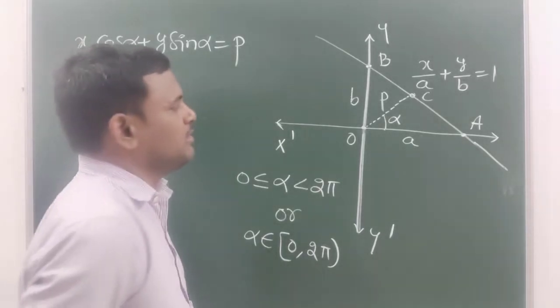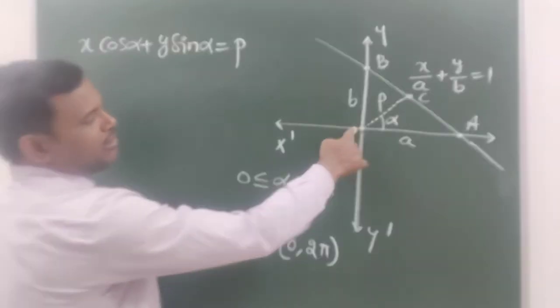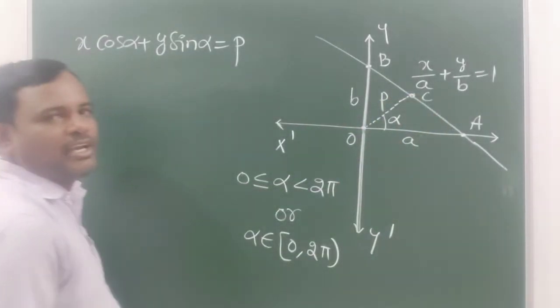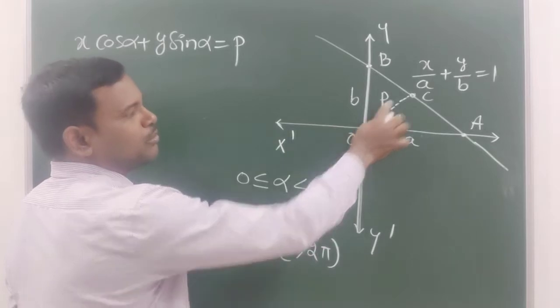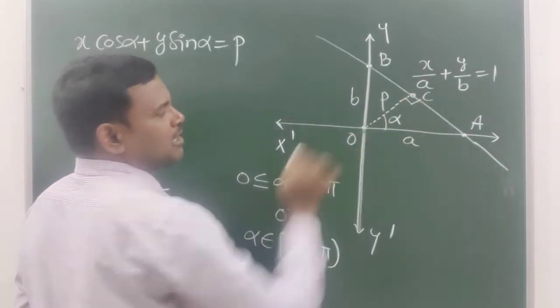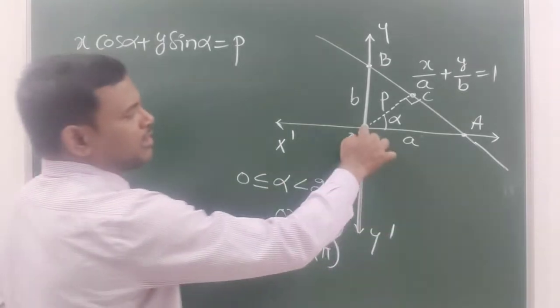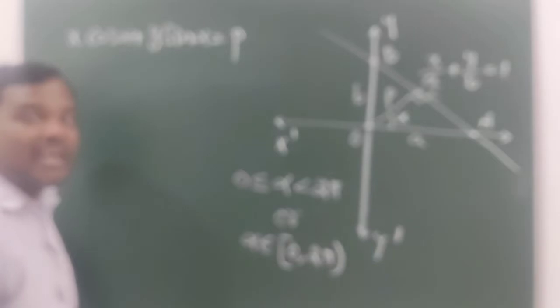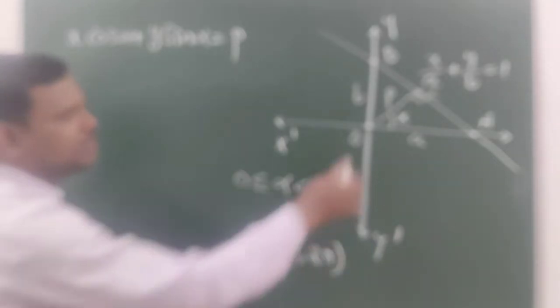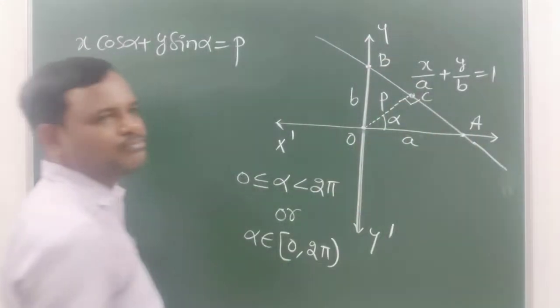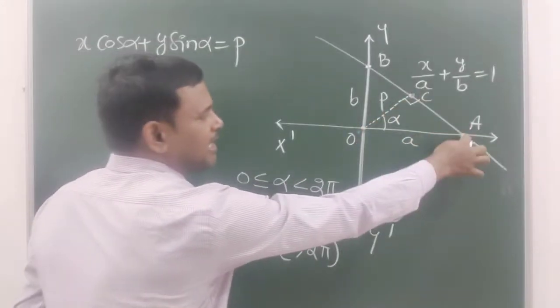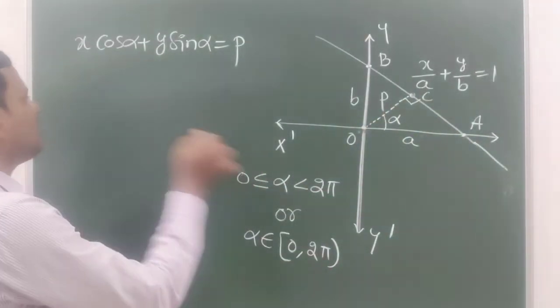Now see here, consider this triangle OCA. As I said to you, OC is the perpendicular distance from the origin to the line. So this triangle OCA is a right angle triangle, because OC is perpendicular to this line.